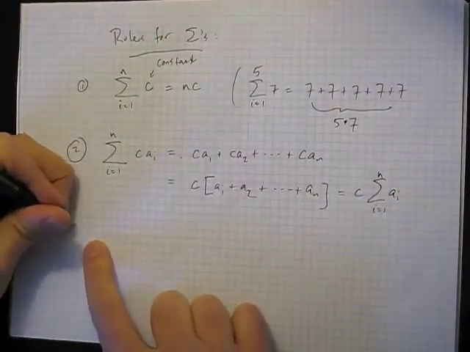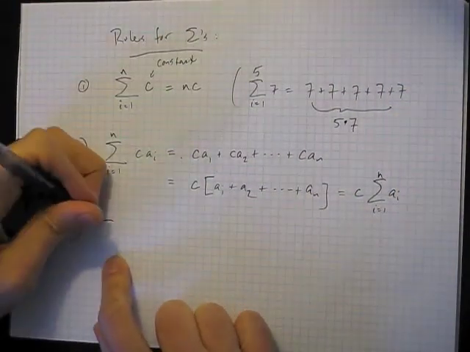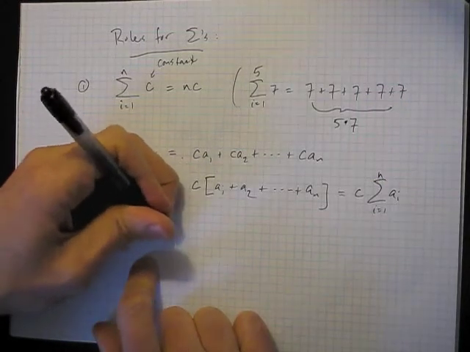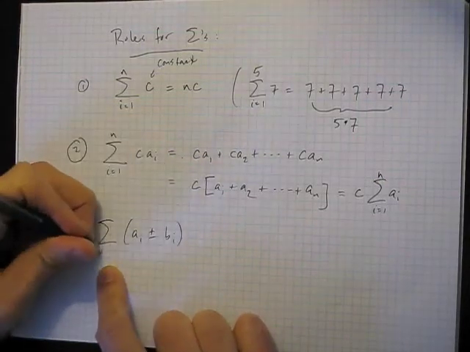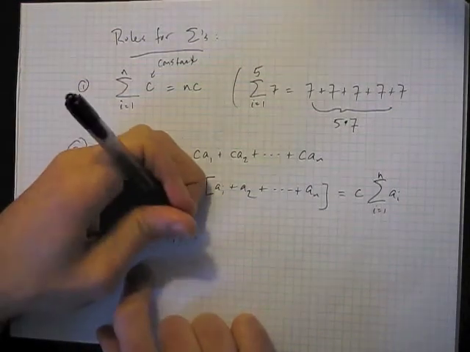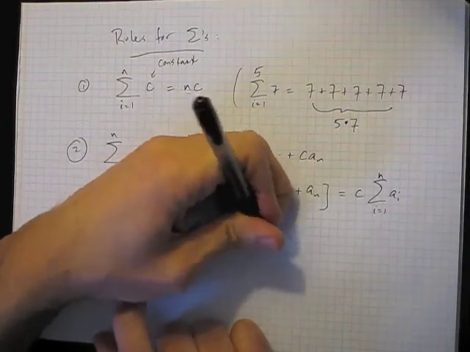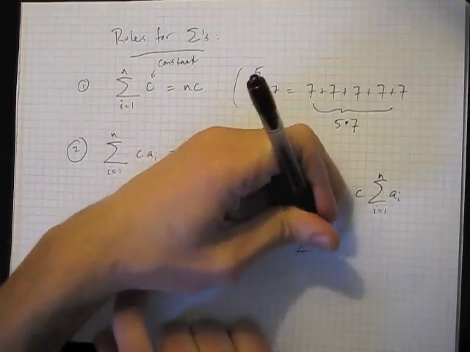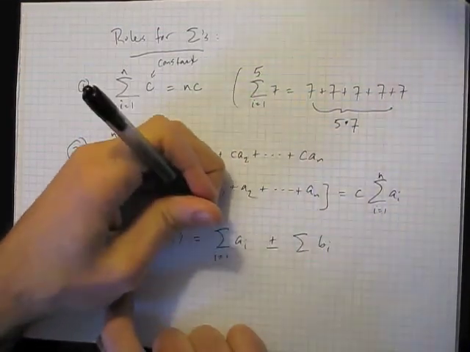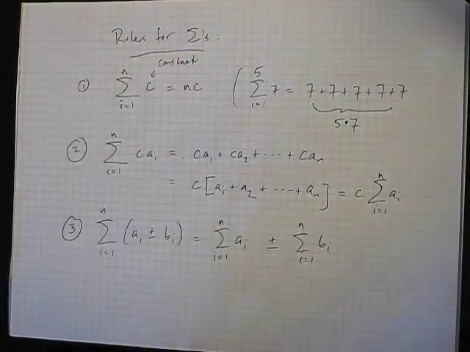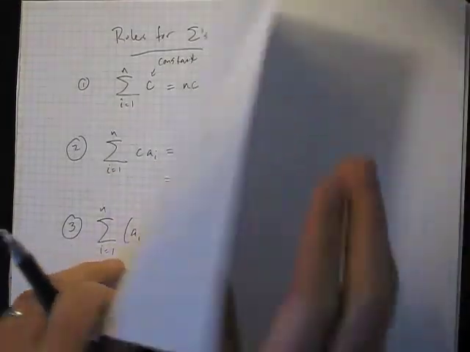The third rule is that if you're adding or subtracting terms in a sum, then you can split this into the sum or difference of 2 different sums, like so.